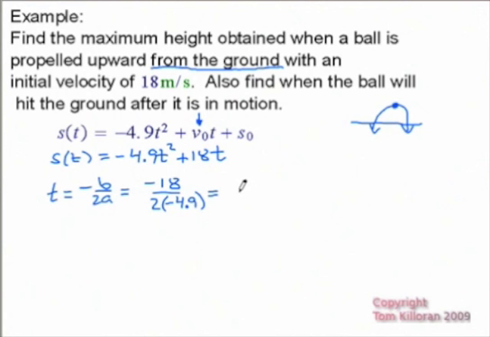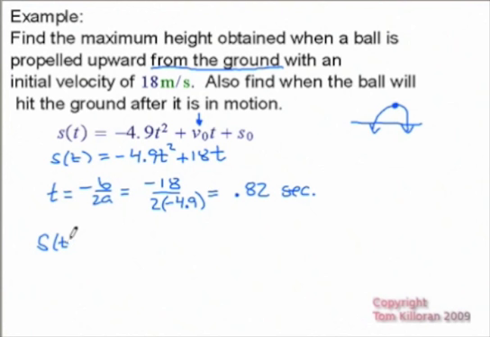Thought I'd throw that in there. This comes out approximately as 0.82. So after 0.82 seconds of flight, this object is going to reach its maximum height and then start its return journey to the Earth.